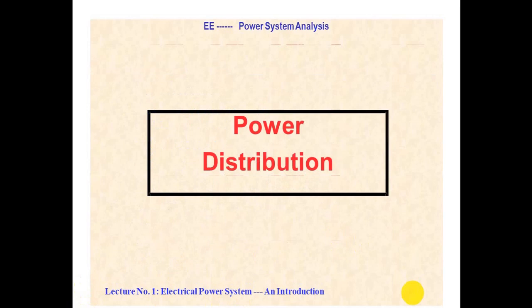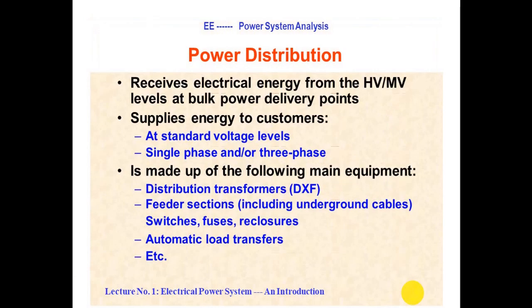Okay, then from transmission, the next step is power distribution, because once we transmit generated power over a long distance, we first move to the distribution substation. At the distribution substation, we start the distribution part to distribute the electrical energy to the consumer end.